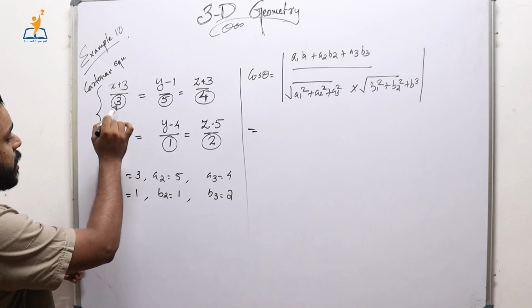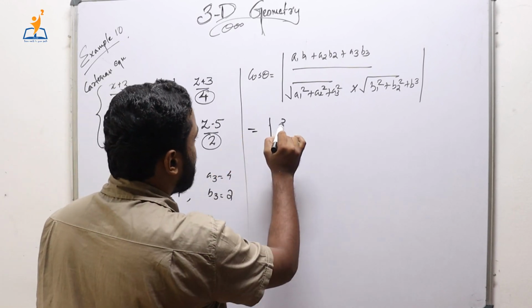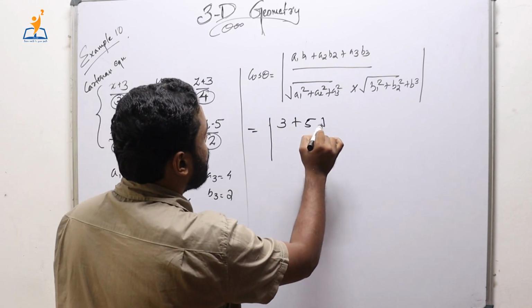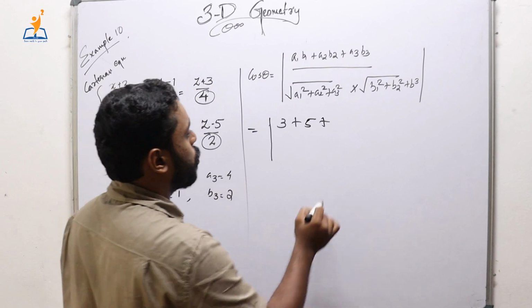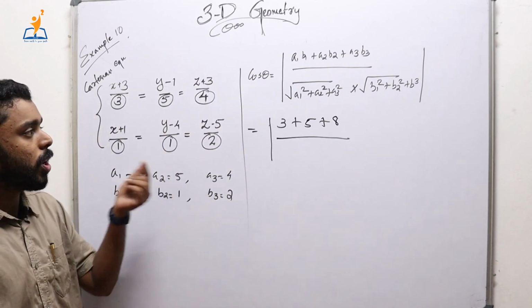A1 B1, 3 into 1 equal to 3. So cos theta equal to modulus of 3 plus A2 B2, 5 into 1 is equal to 5, plus A3 B3, 4 into 2 is equal to 8, whole divided by A1 square plus A2 square plus A3 square.